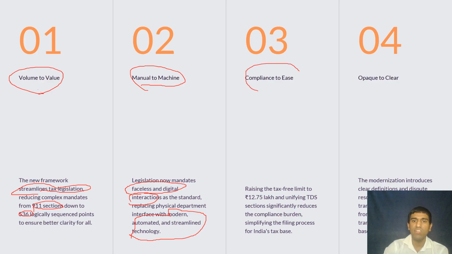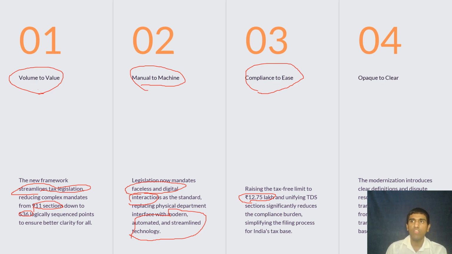Then compliance has eased. One is the tax-free limit has been raised to 12.75 lakhs, considering the standard deduction for salaried employees and rebate under the Act. And the TDS and TCS sections, which were a complex maze of multiple sections in the old act, have now been unified under one.